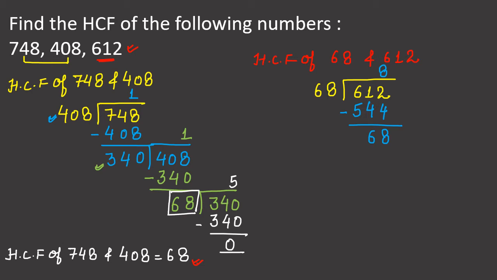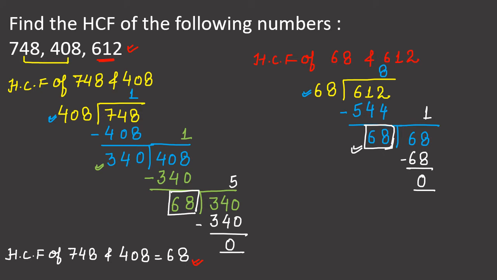So 68 will be the divisor and the first divisor, that is also 68, will be the new dividend. So 68 divided by 68 will be 68 ones are 68 and remainder is 0. Therefore, again we got the last divisor 68.